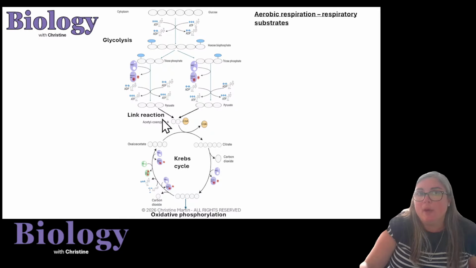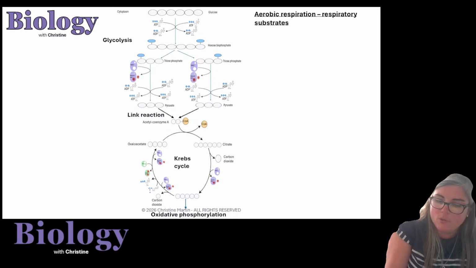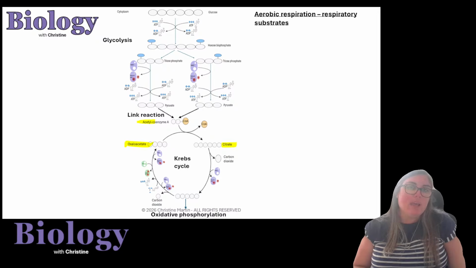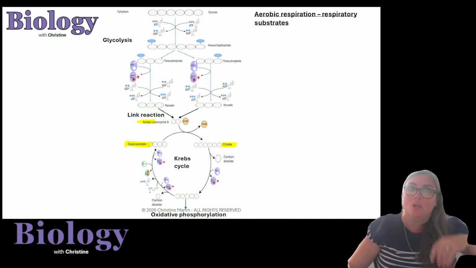You should know about the link reaction, decarboxylation and oxidation. You should know about the Krebs cycle, and you should know the names of your oxaloacetate, your citrate, your acetyl group. I'm not sure they're going to ask that much on it this year because they've done so much the last couple of years, but it doesn't mean you shouldn't know it.